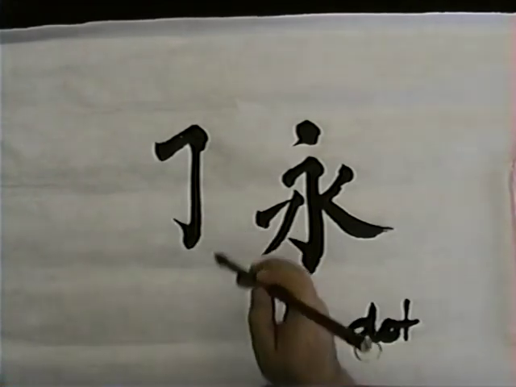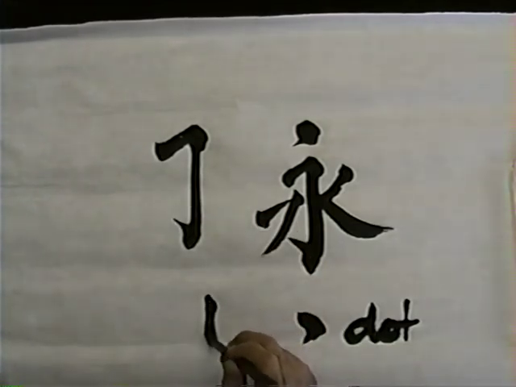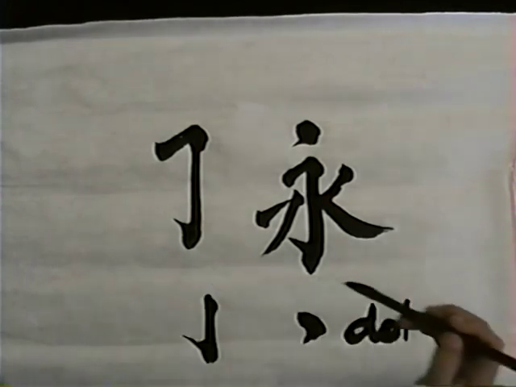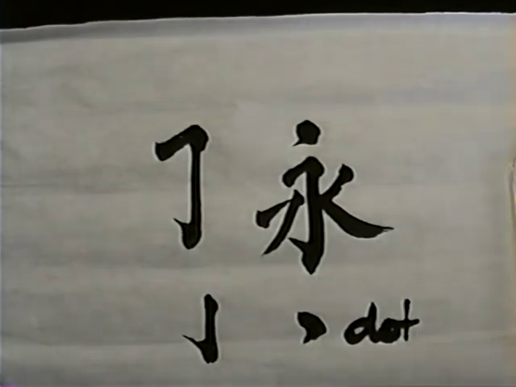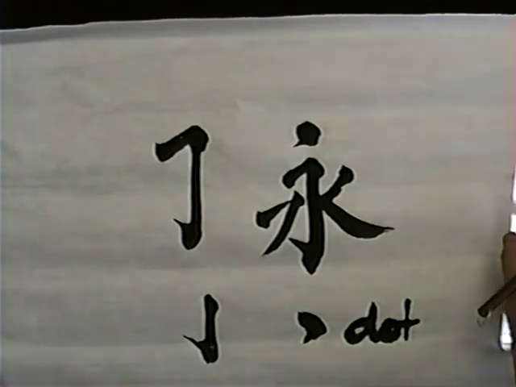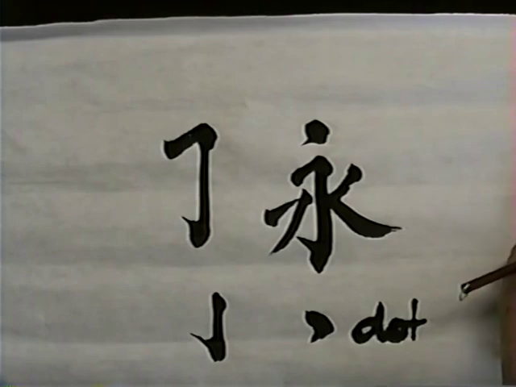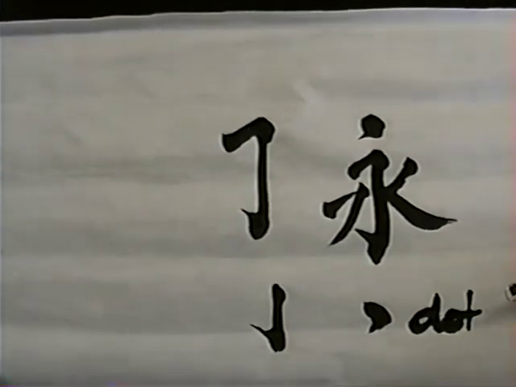And the third one is a circle here and pick it up. Let me show this part once again. Down and make a circle and up. Then we will have another 2 or 3 strokes.